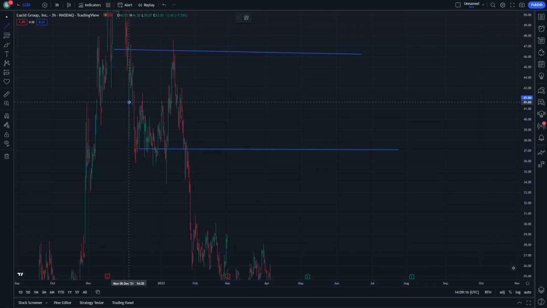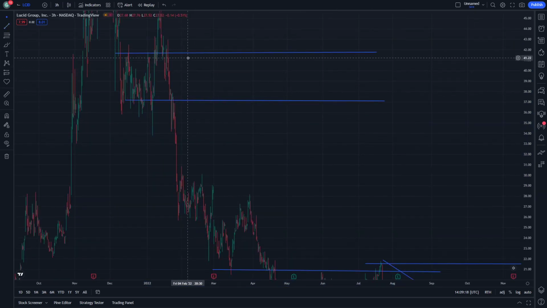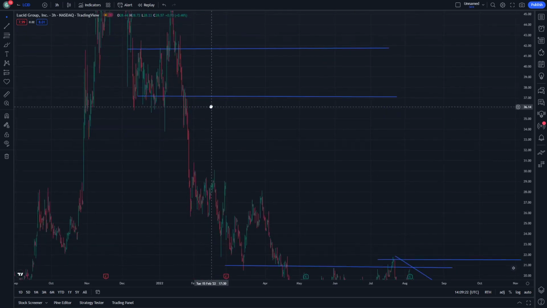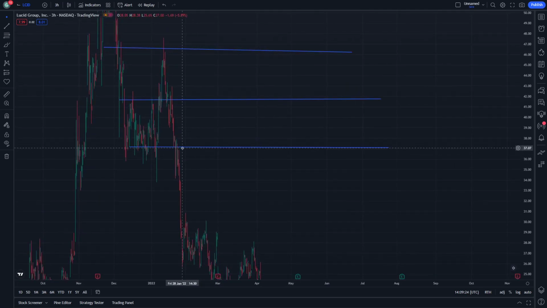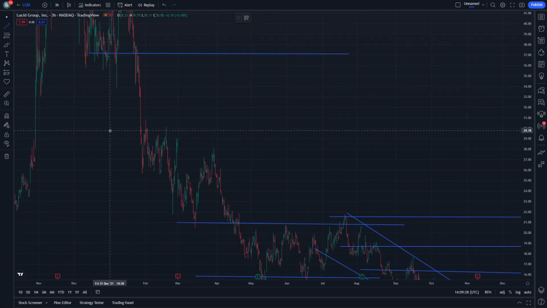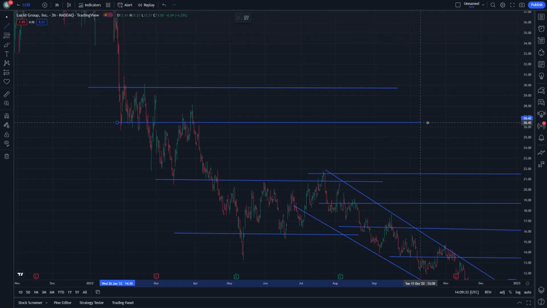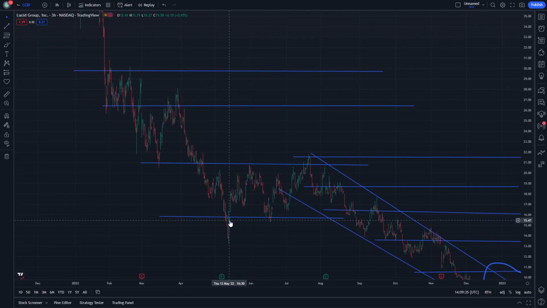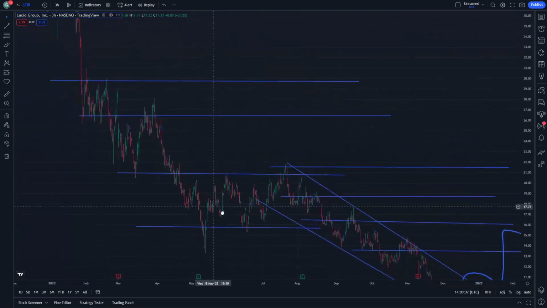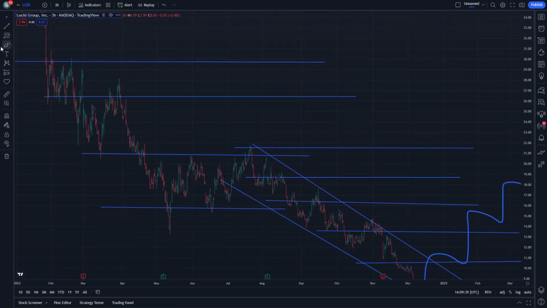We can go for the second trend line, which is going to be after this line. Okay, we can call it the third trend line, fourth one, fifth one, sixth one, seventh one, and that is going to be the true swing.